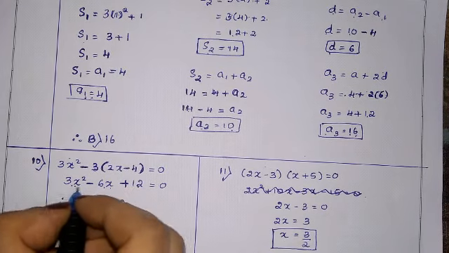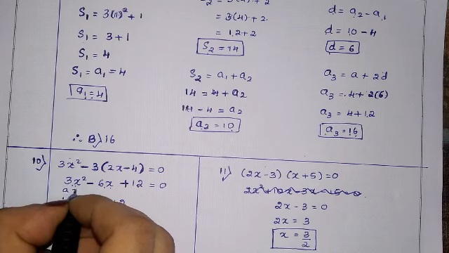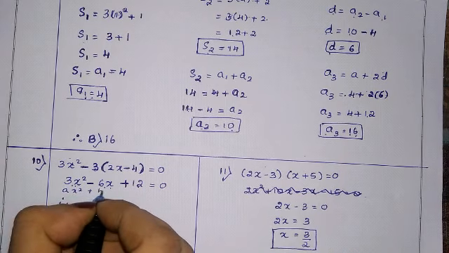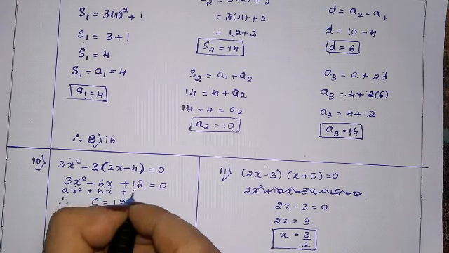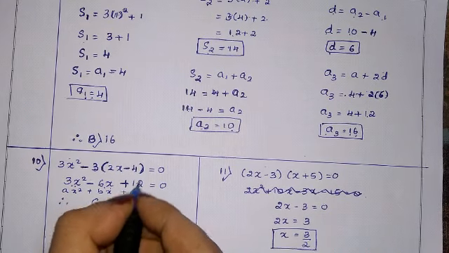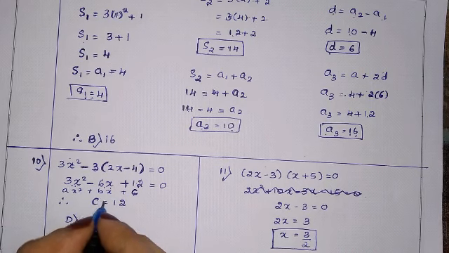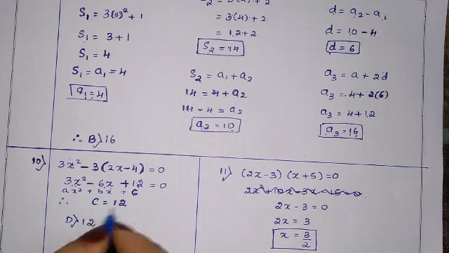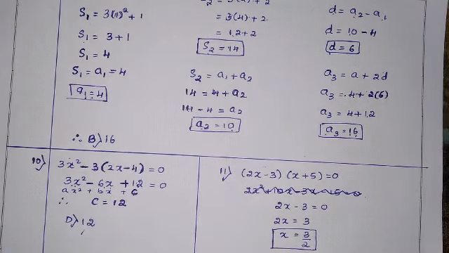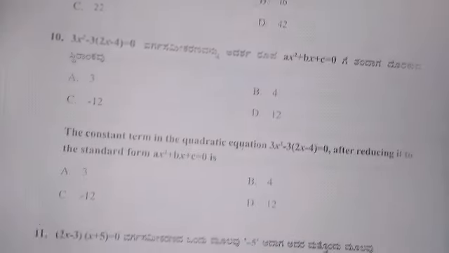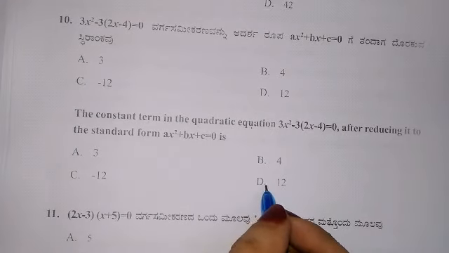Okay, now it is in the standard form, ax square plus bx plus c. What is the constant term here? C is the constant term, that is 12. So c is equals to 12. So the correct option is D, 12.